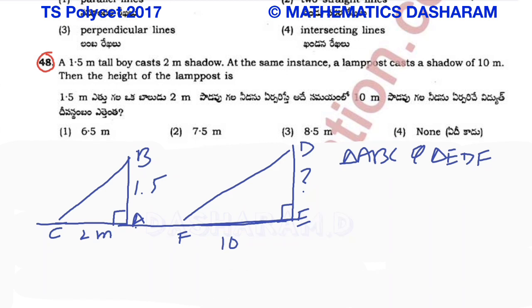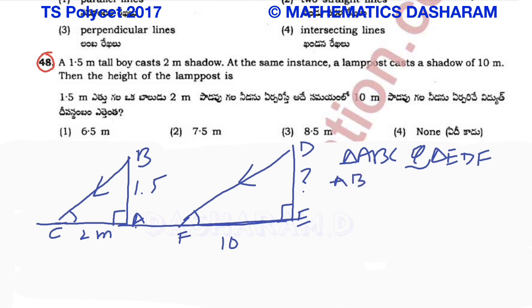So he said same instance, then the line BC and line DF become parallel. If they are parallel, then angle C and angle F are both corresponding angles. So then by AA similarity, the two triangles are similar. If the two triangles are similar, then the ratio of corresponding sides are equal.